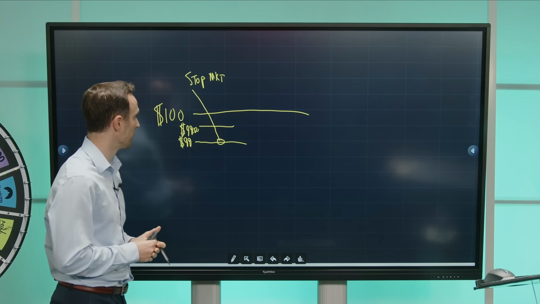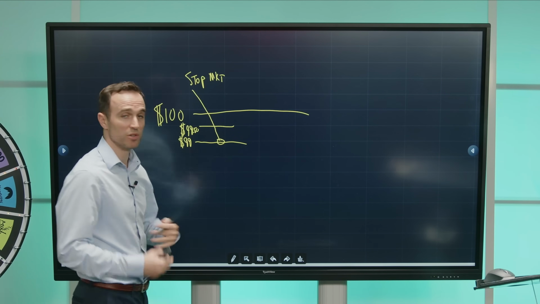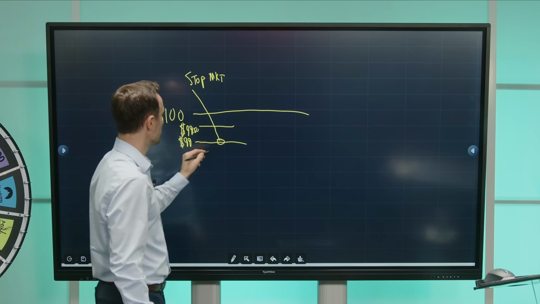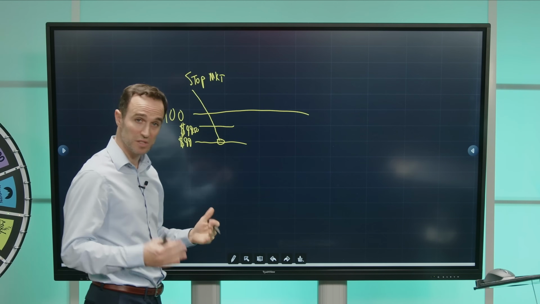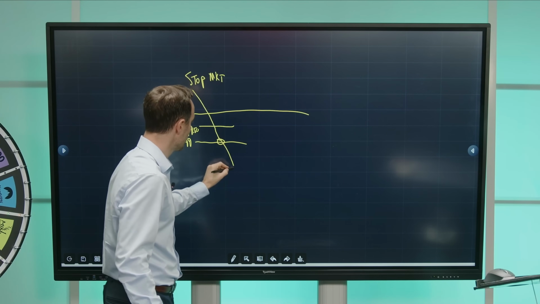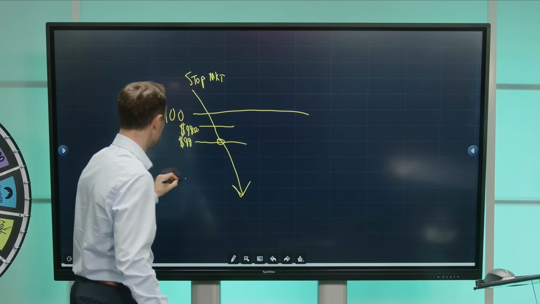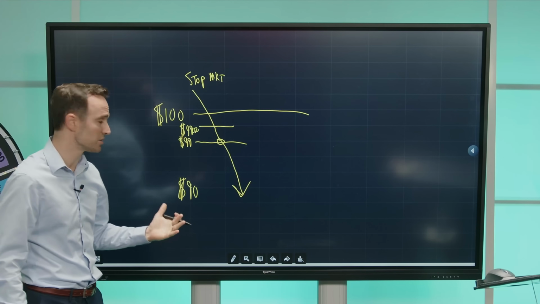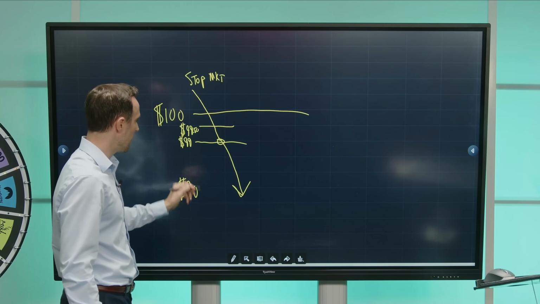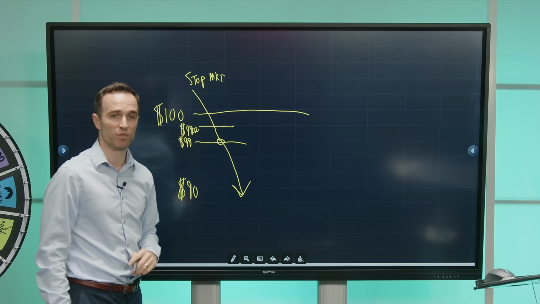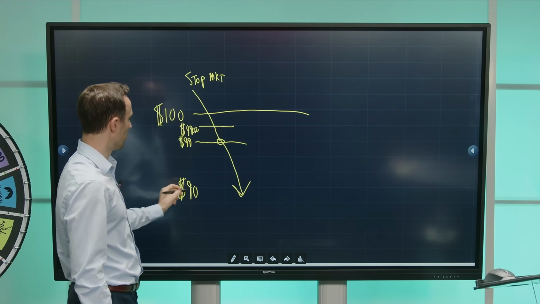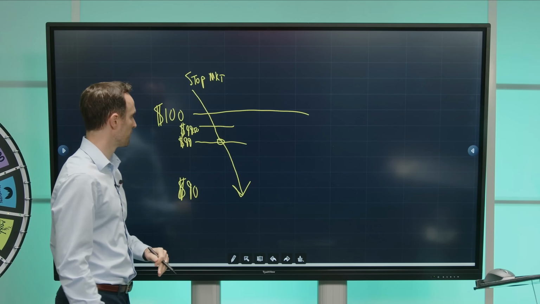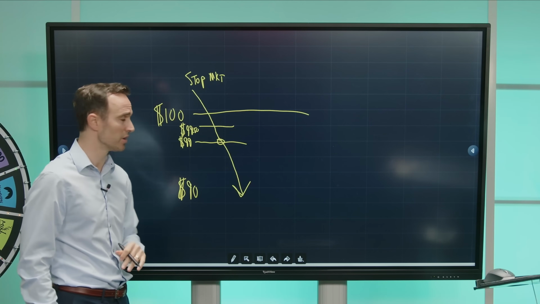At the same time, let's say that you had good intuition, you had good technical levels and good technical reasons to get out of the stock. Let's say that stock continued lower here down to $90. Well, okay, you lost 50 cents on that trade, right? But you prevented yourself from losing more money, right?